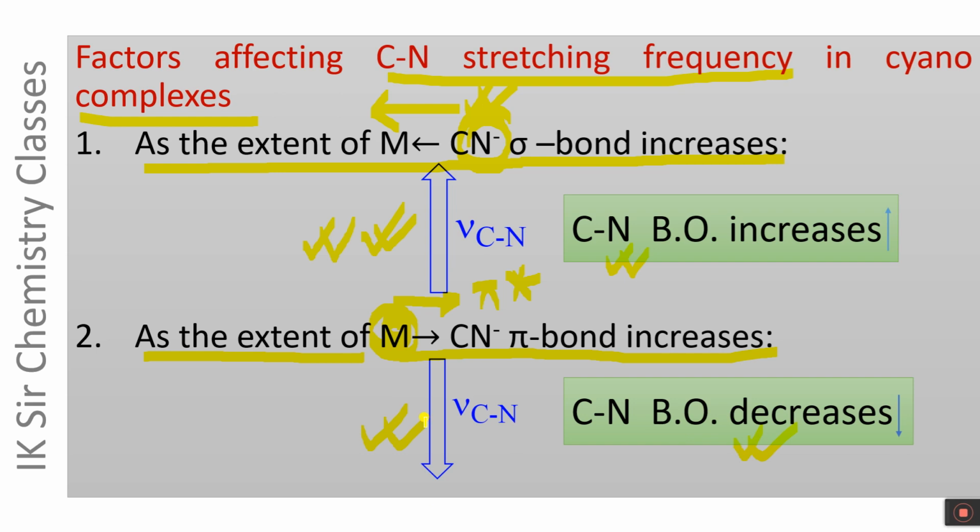The noteworthy fact is that as the extent of CN⁻ to metal sigma bonding increases, the CN stretching frequency increases, while as the extent of metal to CN⁻ pi bonding increases, it decreases. These two points must be kept in mind.